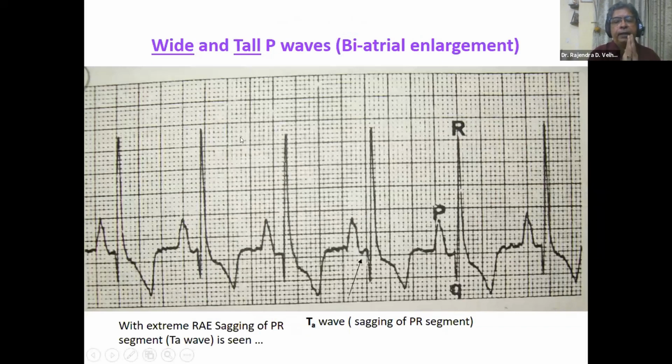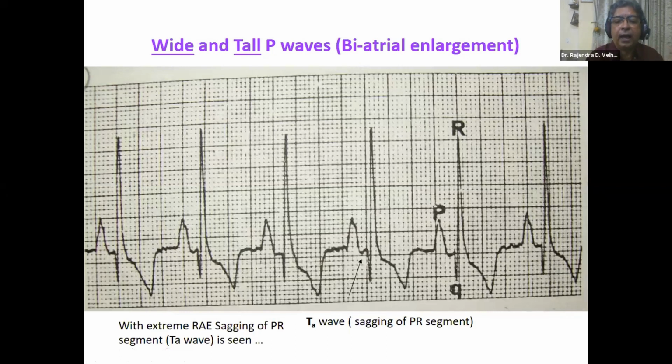Now, the P waves can be wide. Also, there can be a left atrial enlargement and right atrial enlargement together, so the P waves can be wide and tall. In this particular case, if you observe, the P waves are wide, and the P waves are tall also. So in this ECG, there is a biatrial enlargement.